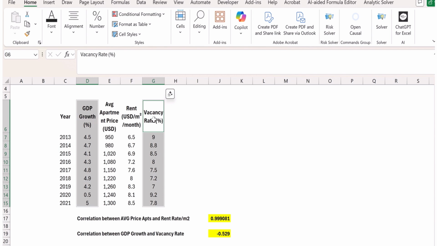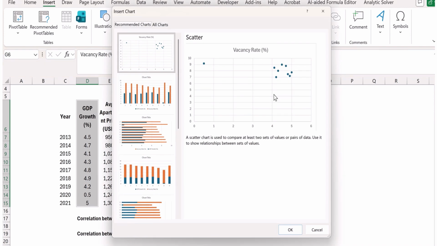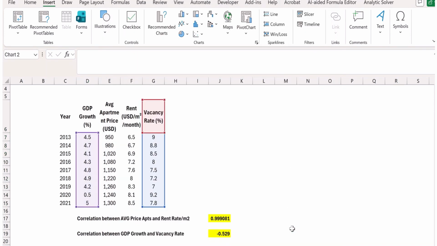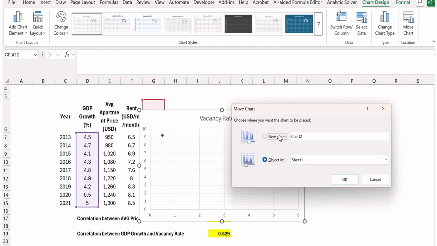It will not be as clustered as the first one because it's not a perfect correlation. It's not as close as the first one. So insert graph. You see, this is how the dots are a little bit dispersed. They are still correlated, but not as correlated as the first case.